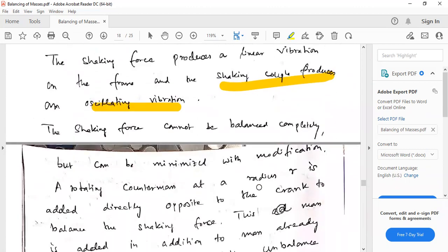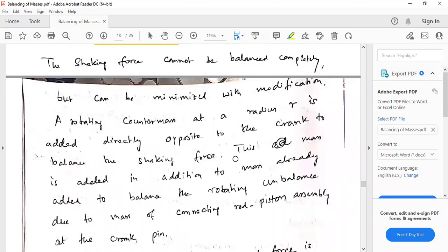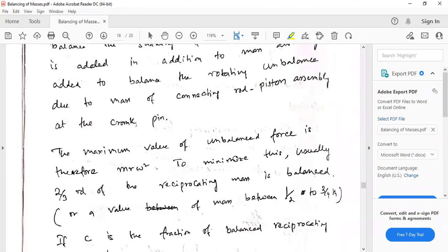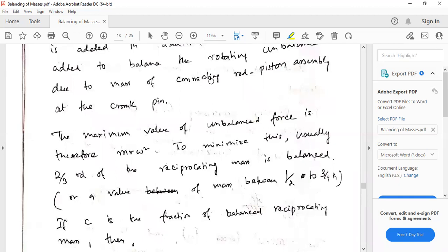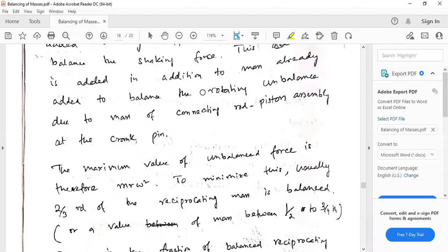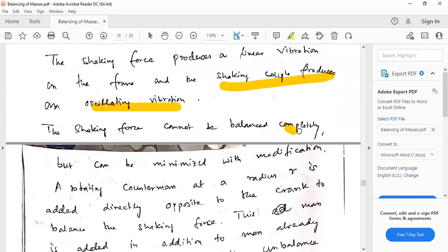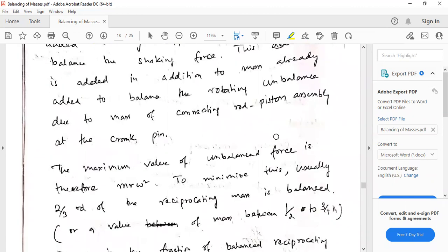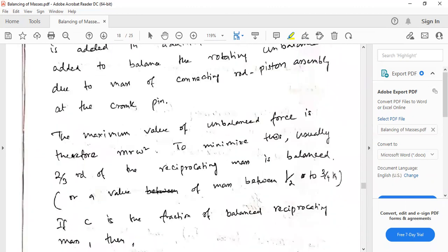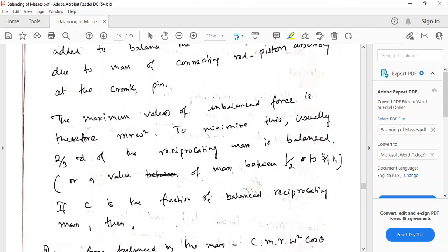Now, the shaking force: how to balance it? We have to place another counter mass additional to the rotating counter mass. This is what is written here. Since we cannot balance the shaking force completely, only a portion of the mass is balanced. Normally we take 2/3 of the reciprocating mass to be balanced.